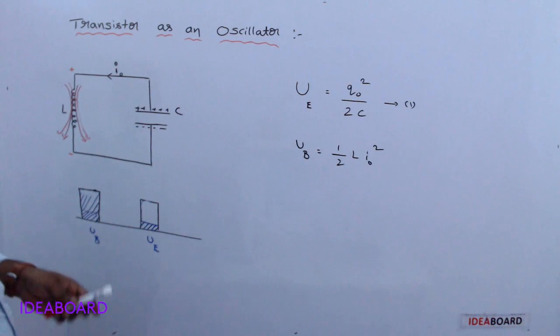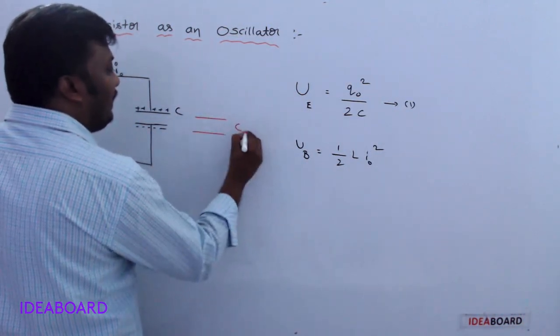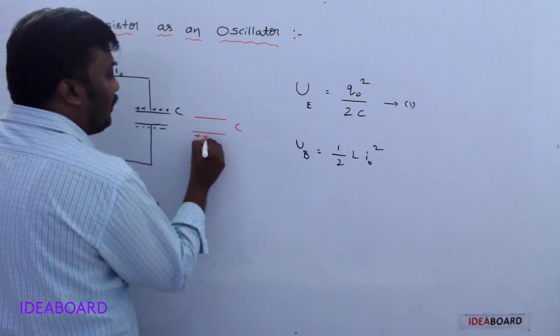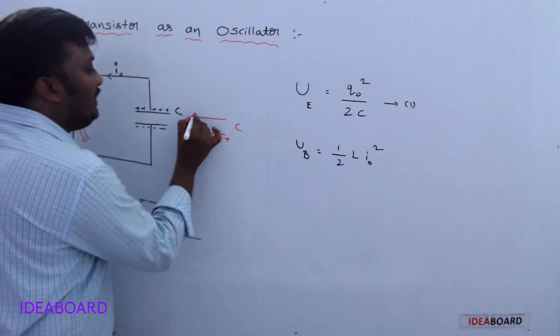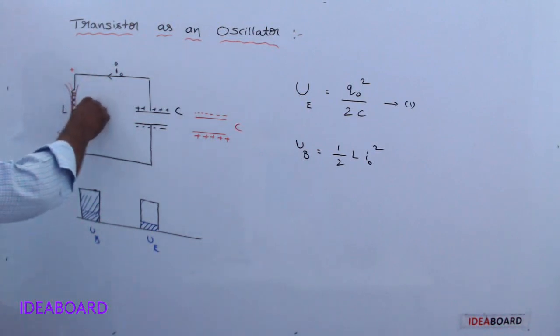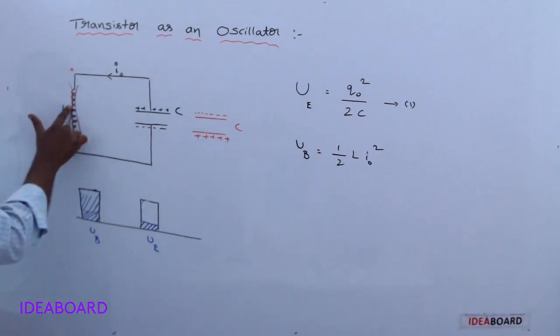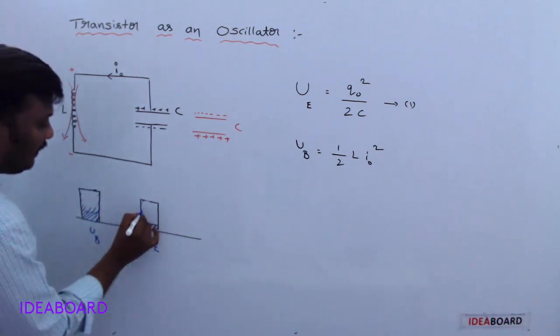But in this case, the polarities of the capacitor are reversed. So here positive charge is now developed in this direction, negative in the other. Understand now? So flux decreases continuously. When magnetic flux decreases continuously, the value of UB decreases continuously. When UB value decreases, UE value increases.